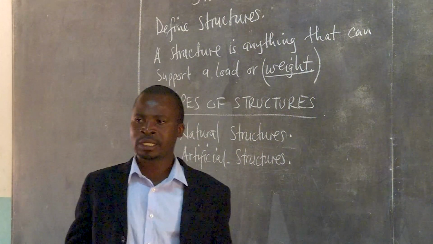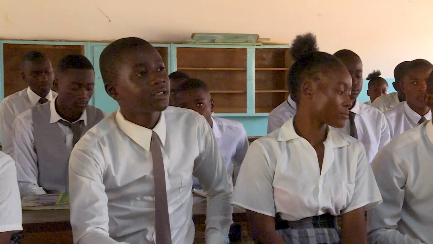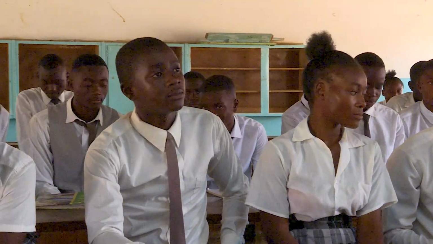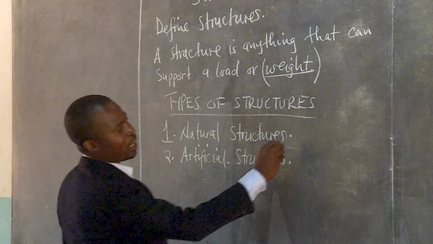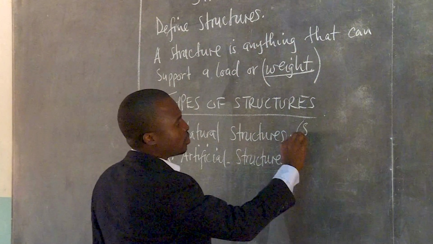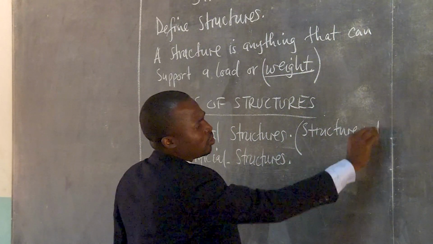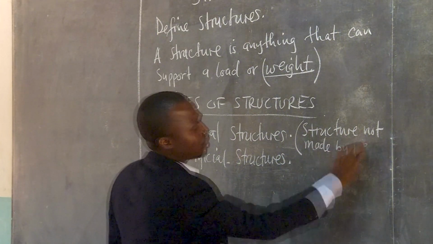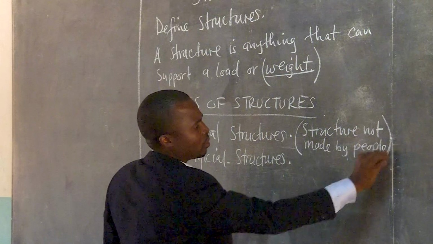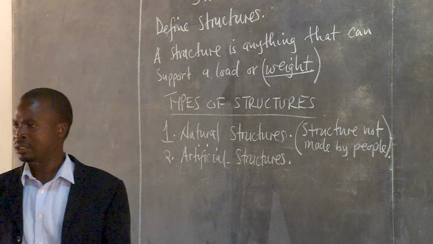What are natural structures? Richard: these are structures that are not made by people. What of artificial structures?